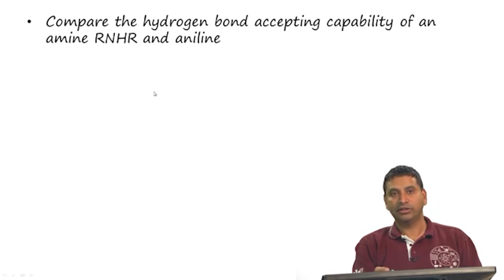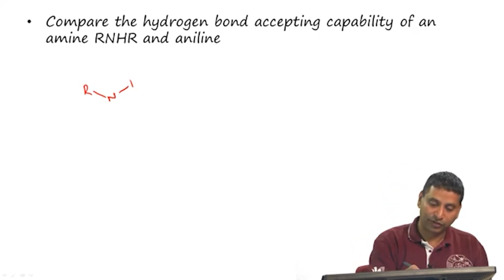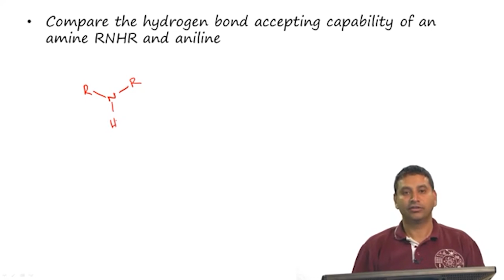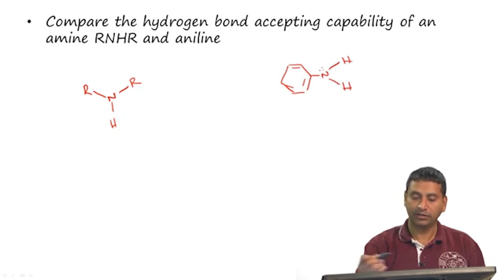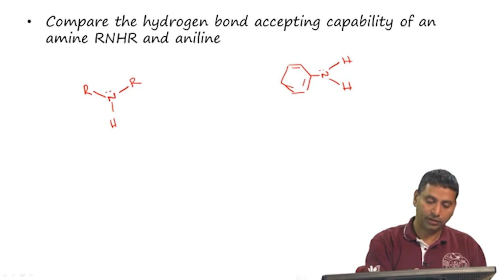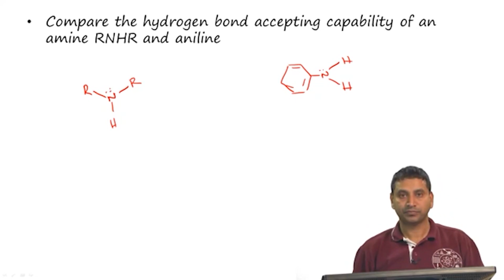So, the next question is: compare the hydrogen bond accepting capability of an amine, RNHR, and aniline. Let us first draw the structure of the amine. So, here is the structure of the amine. Next, let us draw the structure of aniline. This is the structure of aniline, and here is the lone pair that we are interested in.